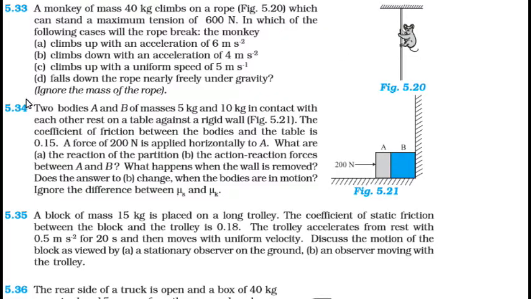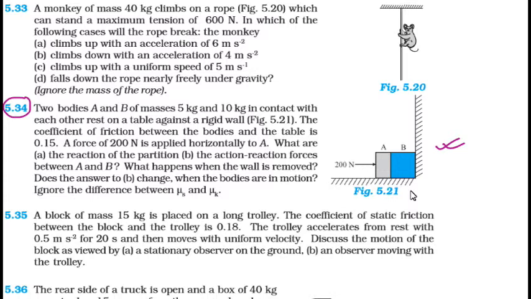Now let us do question number 5.34. Two bodies A and B of masses 5 kg and 10 kg in contact with each other rest on the table against a rigid wall, shown in figure 5.21. So this is the figure. The coefficient of friction between the bodies and the table is 0.15.